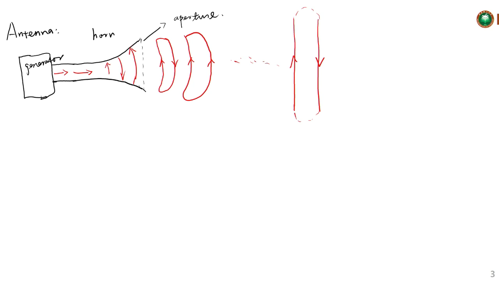So this is for the antenna at the generator side, where the energy is generated from the generator, and we take this side as the transmission line.